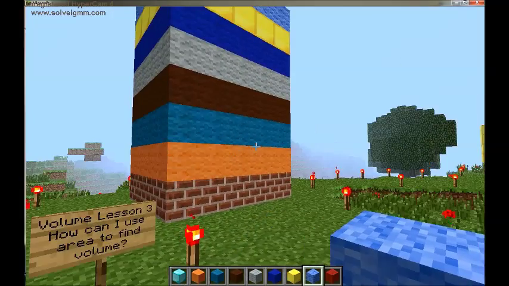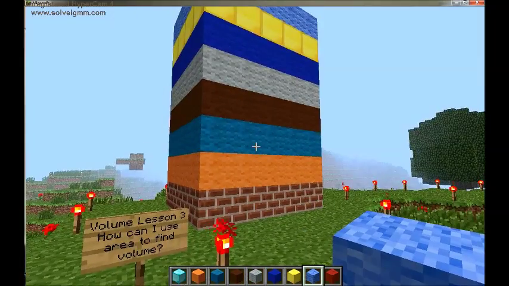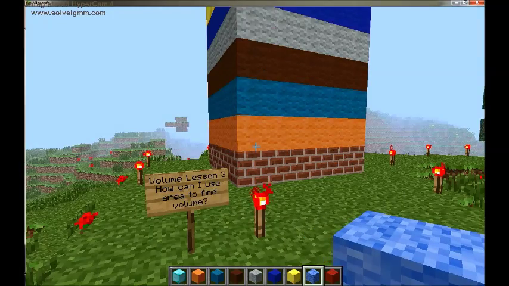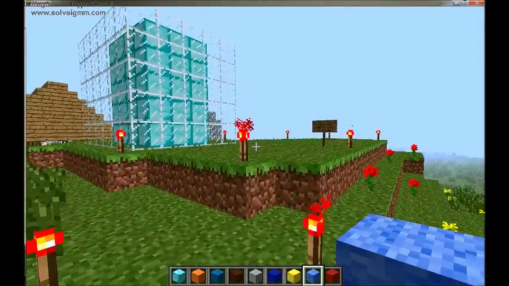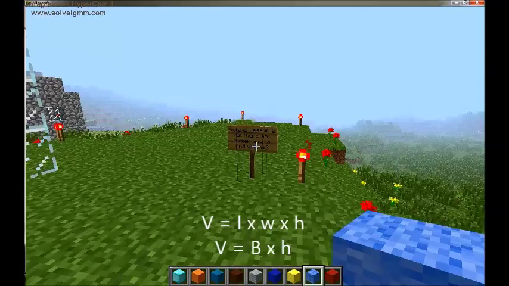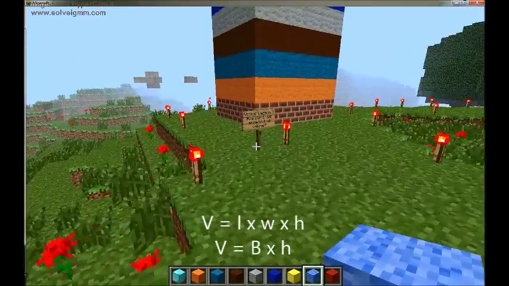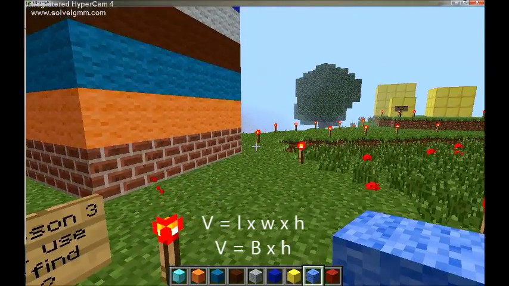Absolutely. Take the area of the base times the height, and that will give you the volume of that prism. That makes sense because the area of the base is length times width. And remember, the original equation we came up with over here was length times width times height. The length times width can just be replaced with the area of the base because that's what that means.